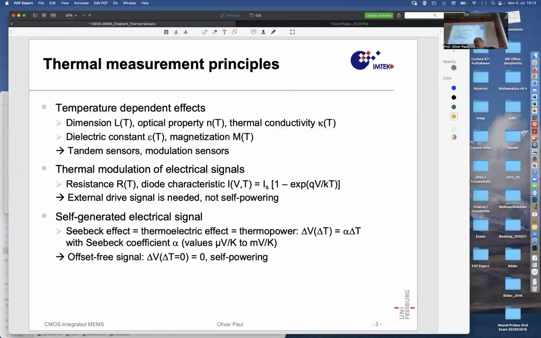So temperature can be measured directly by measuring one of those properties, by using an effect that involves those properties.